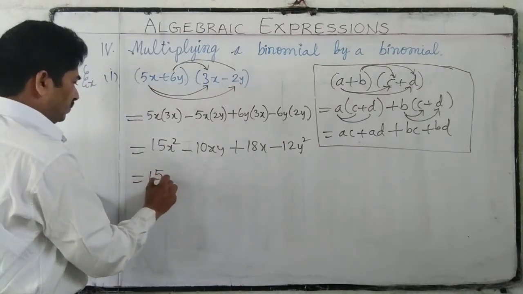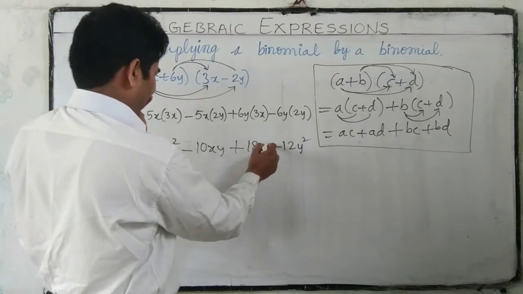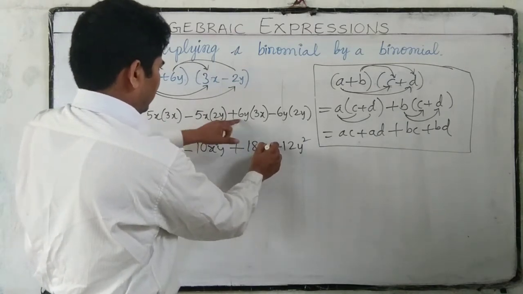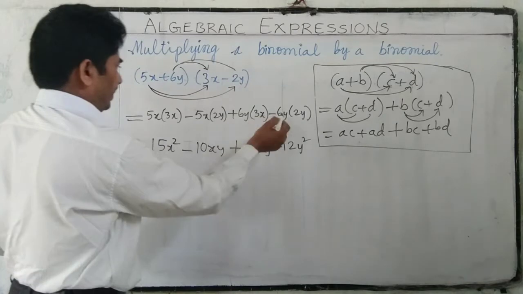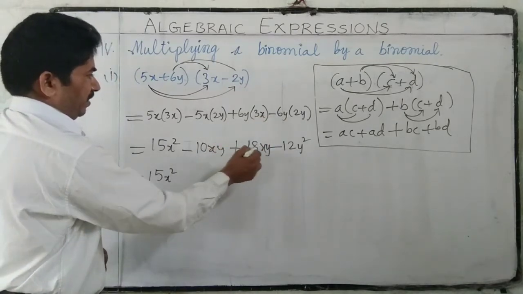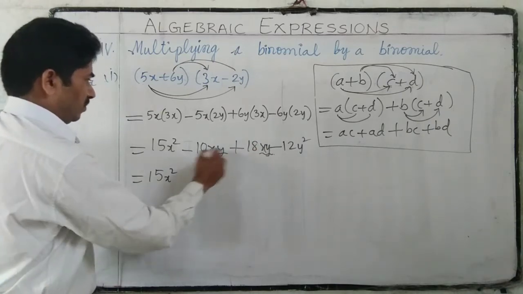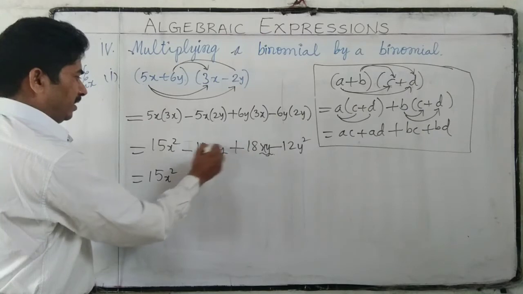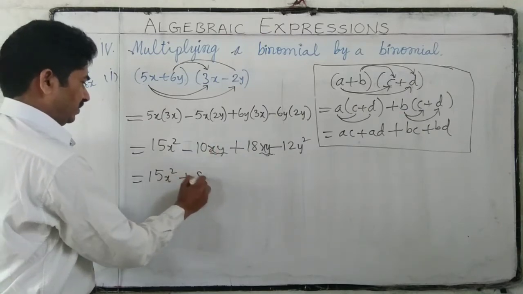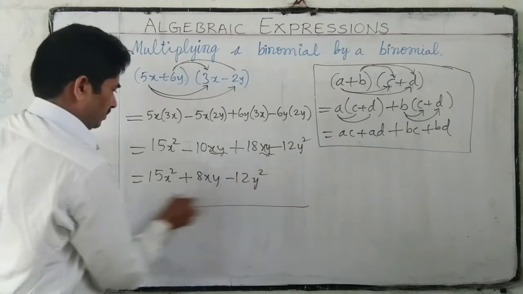So 15x square, and these two, 18xy and 10xy, are like terms. We have to add them: 18 minus 10, 8xy, minus 12y square. So this is the final answer.